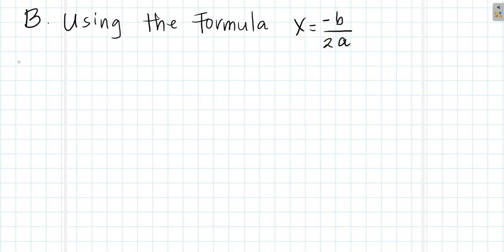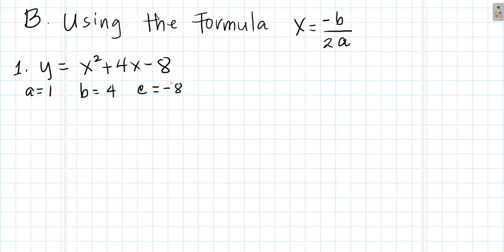Okay, so we have a first example. Y is equal to x squared plus 4x minus 8. First, we have to identify the value of a, which is equal to 1, b is equal to 4, and c is equal to negative 8. And then we copy the formula negative b over 2a. So we copy negative 4 is equal to positive over 2 times 1. Therefore, x is equal to negative 2.